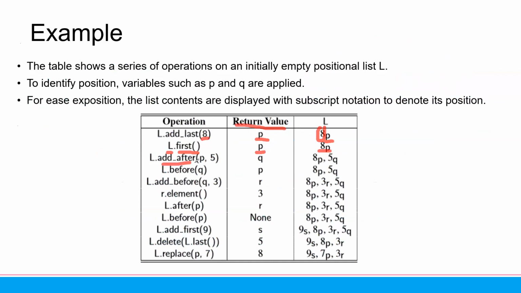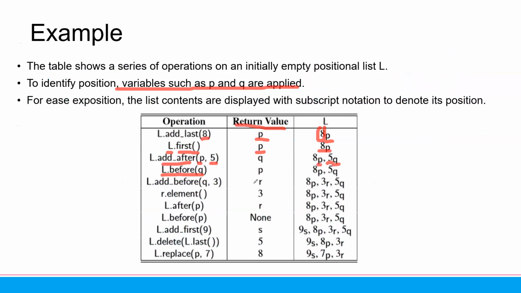Add after P, comma 5. It means I will add the element 5 after P. And as we mentioned here, the variables we are going to use are P and Q. I want to check before Q. What is before Q?